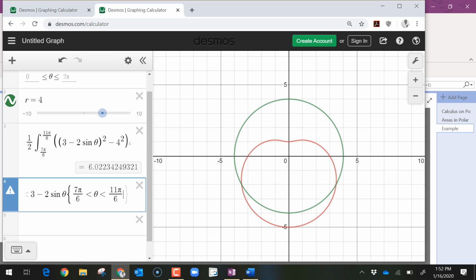No, it still didn't work. Well, anyways, I'll try to see if I can get this shaded, and it didn't work. So for areas, the hardest part will be finding the limits. But then if you draw your graphs, if you do the equation symbolically, you should be able to get it.